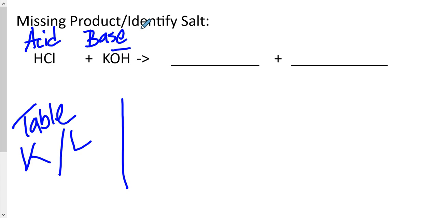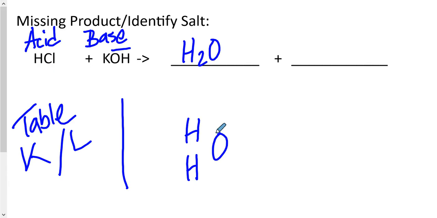Now, what do we know in an acid-base neutralization reaction? I know that it forms salt and water, so water is H2O. If I think like a fifth grader, in H2O, I have two H's and one oxygen, right?